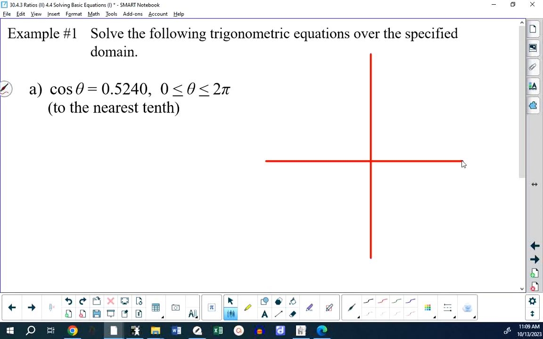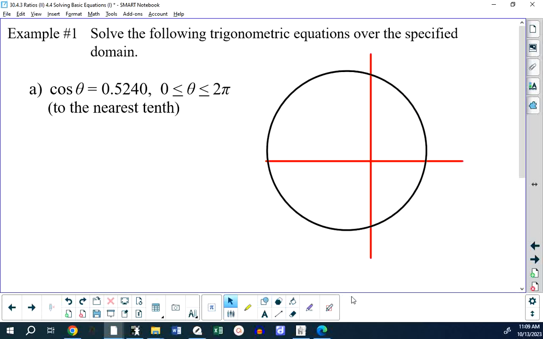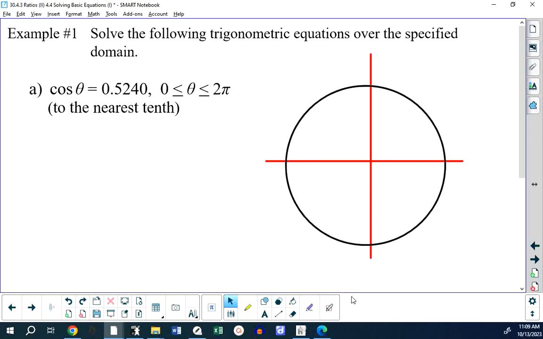I'm looking for locations on the unit circle where x is 0.5240. Yes? How many places will there be?